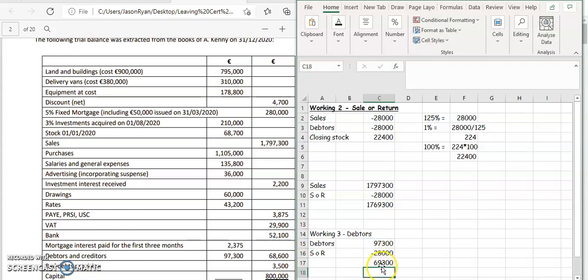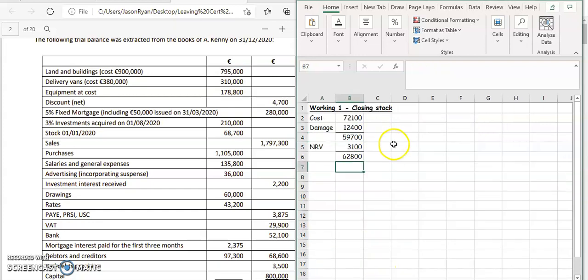So we got 69,300. And then the last one is your closing stock. Closing stock is in working 1 already, so we need to add on 22,400 to our closing stock to get a new closing stock figure.